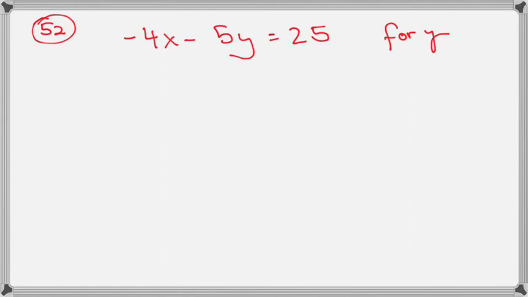Okay, any ideas? You've got to solve for y. Yeah, but how? Okay. Everything that doesn't deal with the y has to go to the other side. So that minus 4x has to go, and the only way it can go is by adding it.